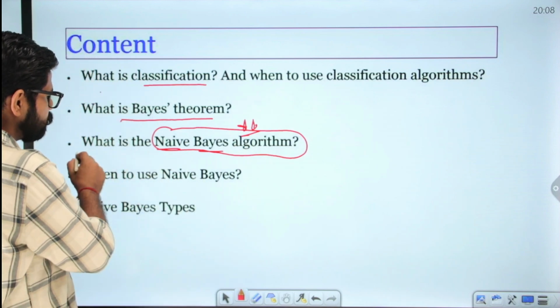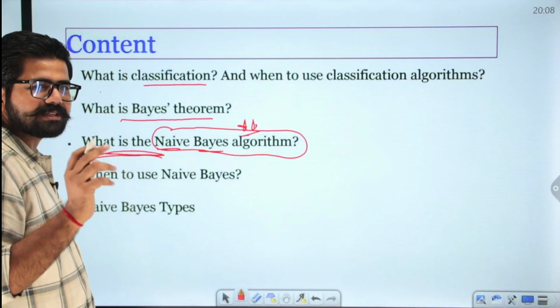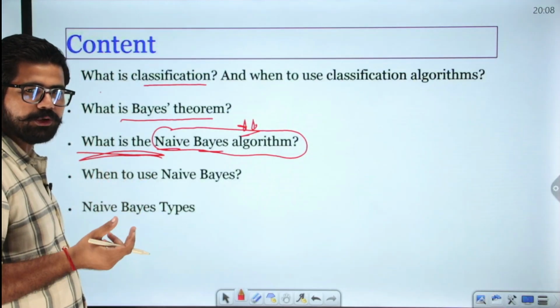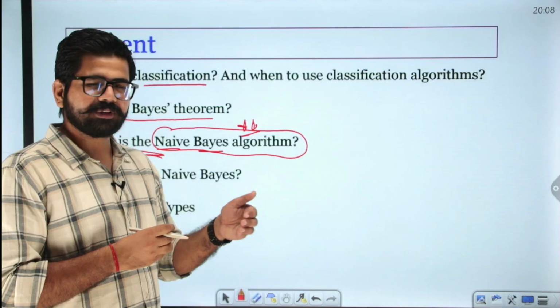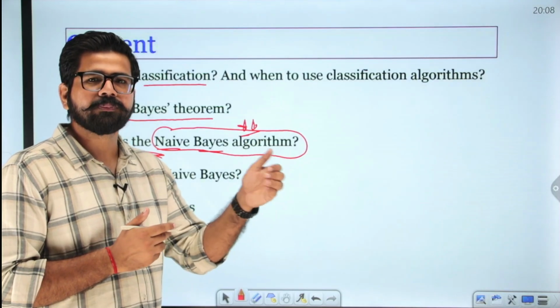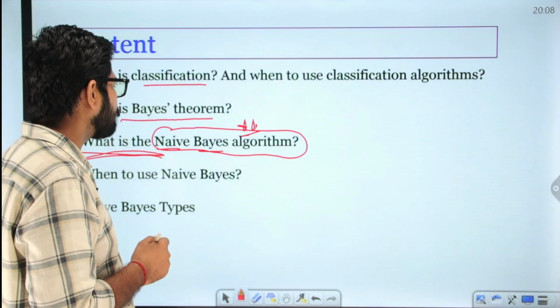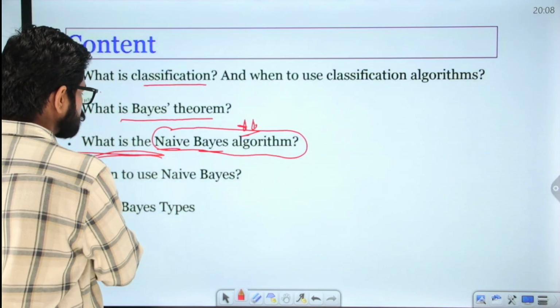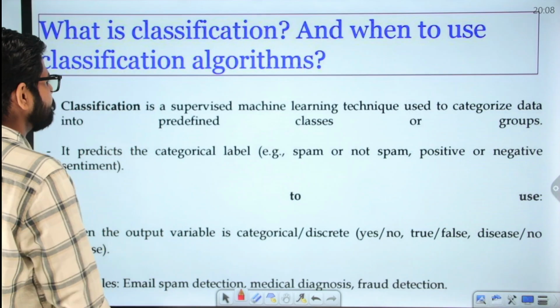So you must understand in depth the basic concept to the advanced concept of the naive-Bayes algo. In this complete video, I will take two major problems to solve, to show how we can solve this naive-Bayes classification. It is a very basic algo, you can easily understand it. When we use naive-Bayes and what the naive-Bayes types are, at last we will discuss that.